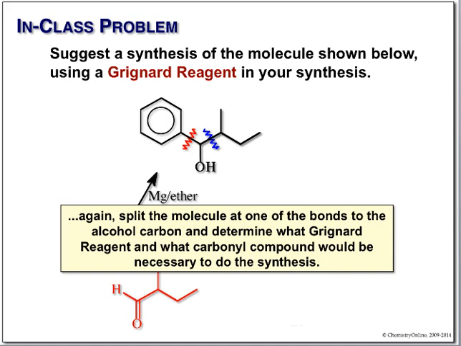So this would be a butane, probably a 2-bromobutane. On this half of the molecule, this is a secondary alcohol still, so it's an aldehyde. All you do is convert the carbonyl compound here into an aldehyde.